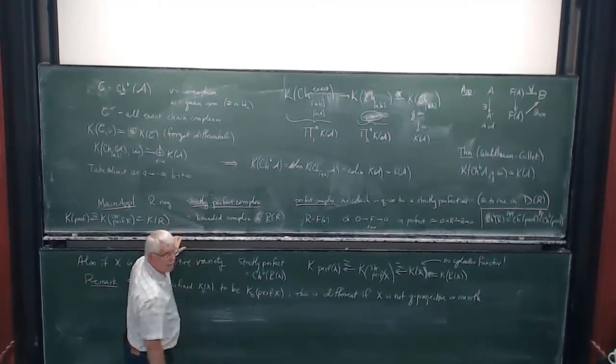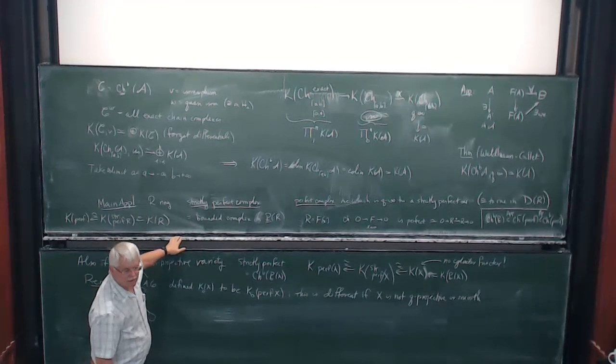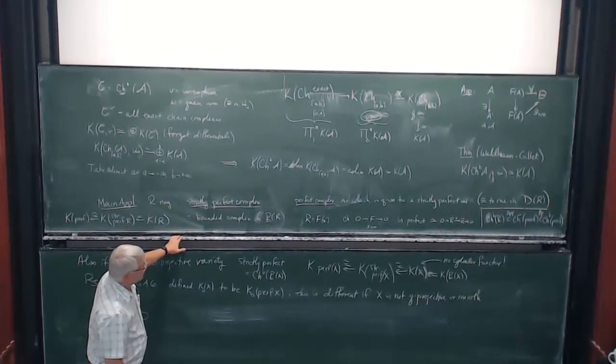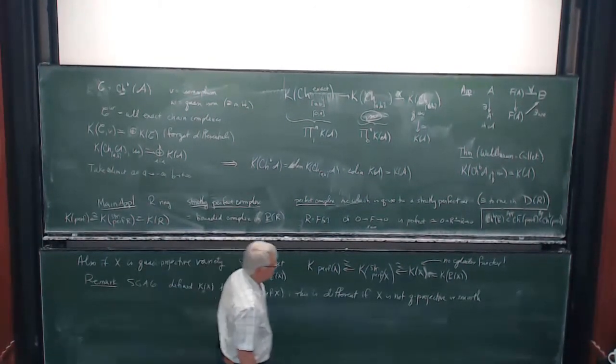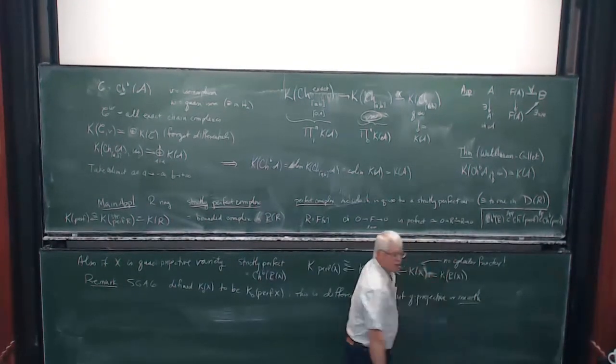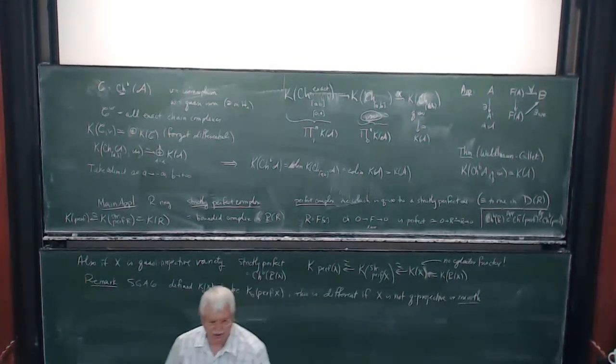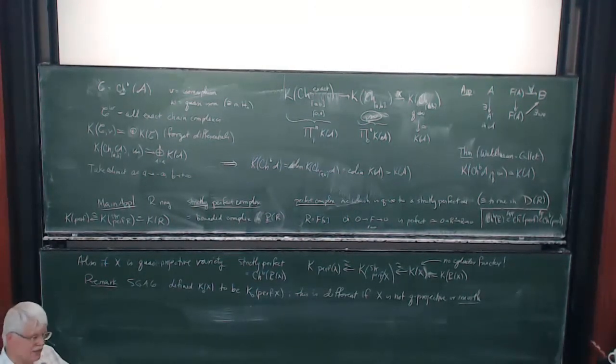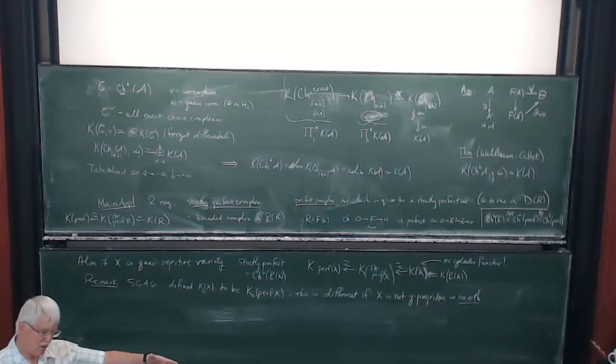Chuck? Yeah. I remember there's also the condition of X quasi-compact, quasi-separated and admitting an ample family of line bundles. Is this the same condition, or is this slightly more general? Okay, so smooth is essentially the same thing as what you just said. So if it contains a subvariety which is quasi-compact, and outside of that subvariety it's smooth, but not necessarily quasi-compact, then it has an ample family of line bundles.